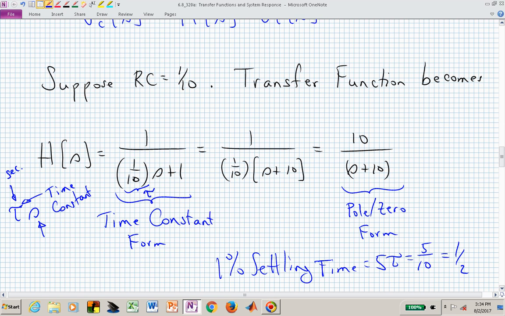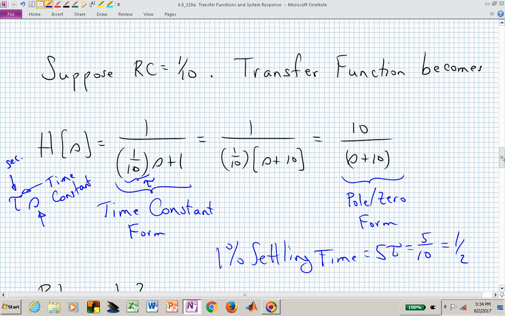So it doesn't take us very long, 500 milliseconds, a half a second, to reach our settling time, or to be at a steady state condition for this particular transfer function, or this low pass filter circuit, this RC circuit that has a time constant or an RC product of 1/10.